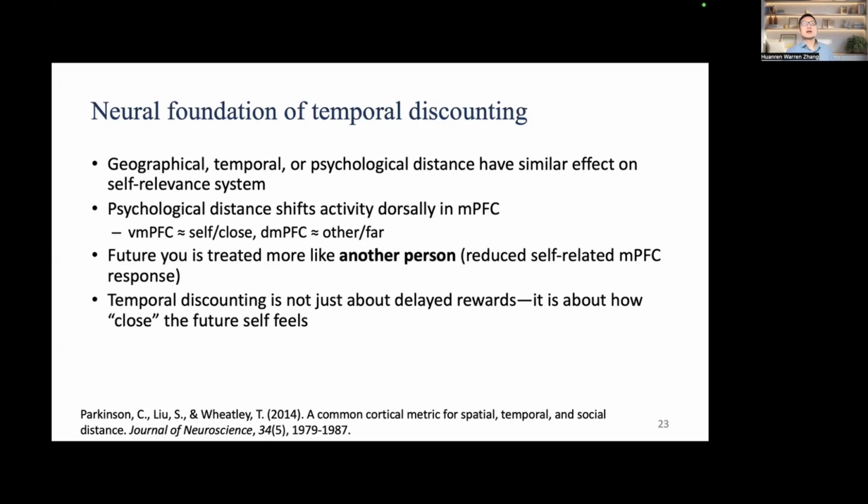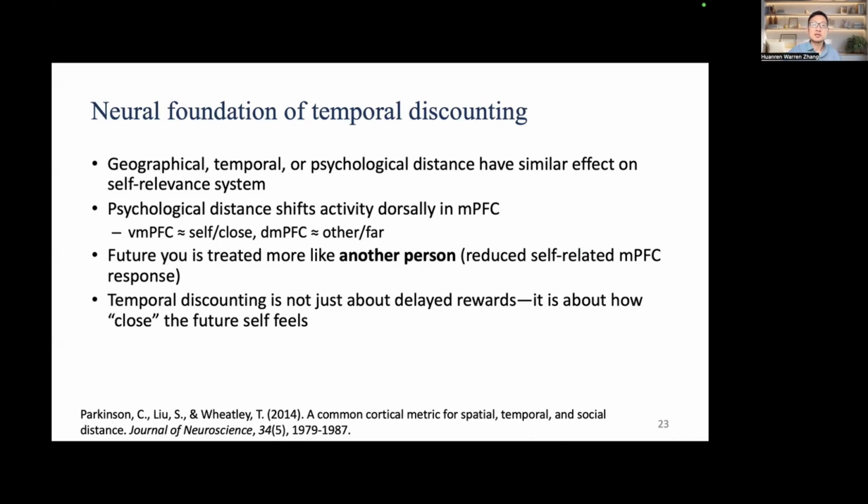Neuroscience has also demonstrated that geographical, temporal, and psychological distance have a similar effect on the self-relevant system. Psychological distance shifts activity dorsally in the medial prefrontal cortex. If you recall, the self-relevant system and the value system mainly exist in the medial prefrontal cortex.